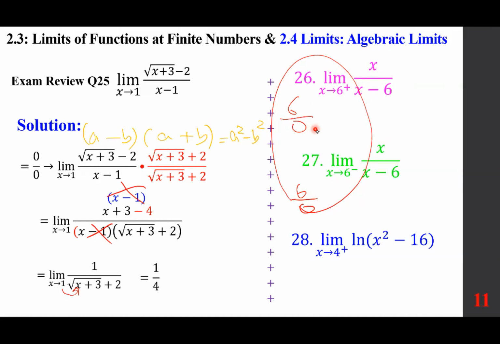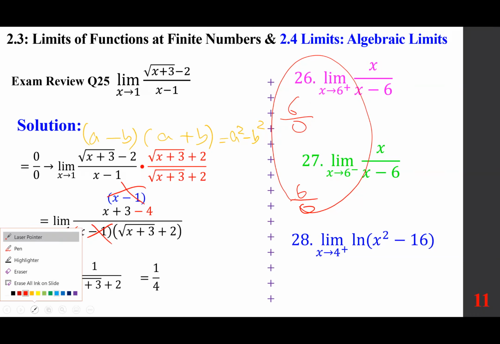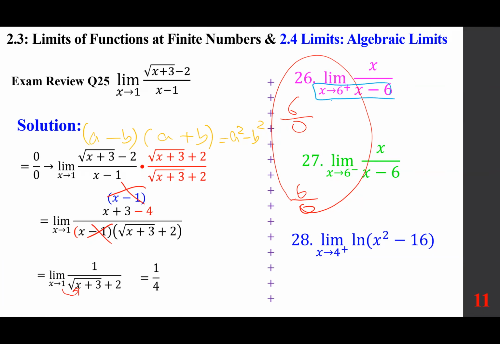But the denominator makes a difference, because are we coming from the right or left? We have a different sign. So for example, for this one, let's use 6 from the right as an example. 6.1 minus 6 gives you positive 0.1, and 6 over 0 from the right gives you positive infinity.